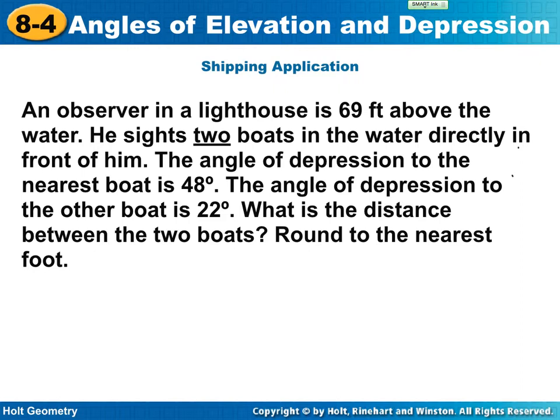We'll bring that down into the orange triangle, 22 degrees. Now let's see what the distance is for that second boat, because we're going to try and find how far the boats are apart when we're done. So focus on the orange triangle, still 69 for that height.